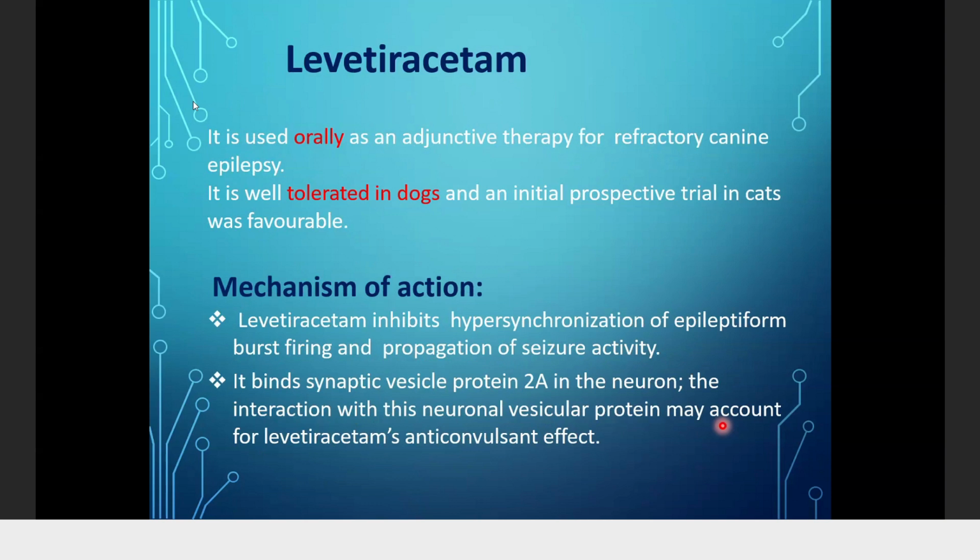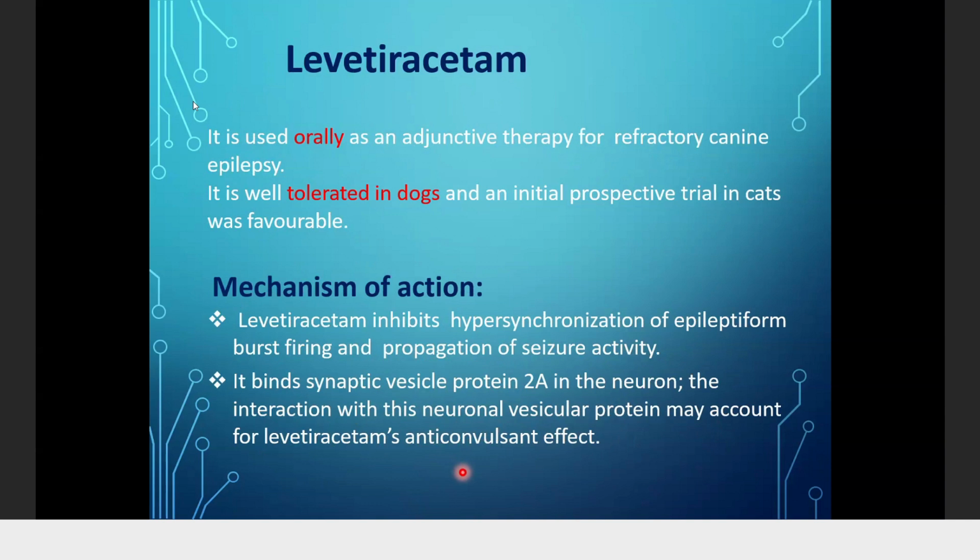Okay, so it binds to the synaptic vesicle protein 2A in the neuron. This interaction of the drug with the neuronal vesicle protein 2A may account for the anticonvulsant effect.